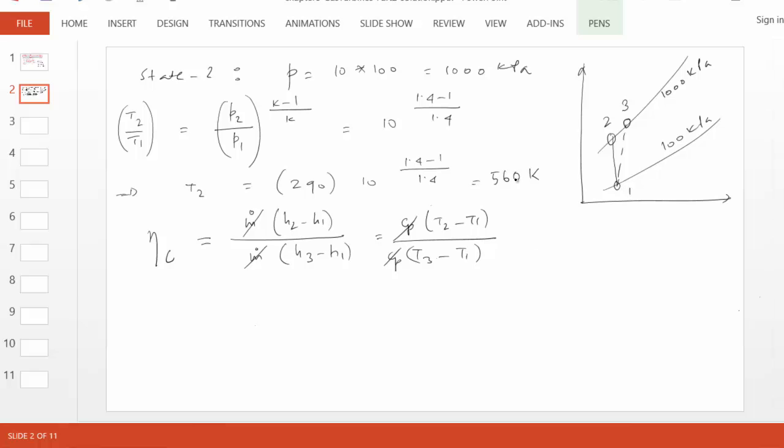Because the compressor efficiency is supplied, T2 minus T1 equals 0.9 times (T3 minus T1). So that gives us T3 equals T1 plus (T2 minus T1) divided by 0.9.